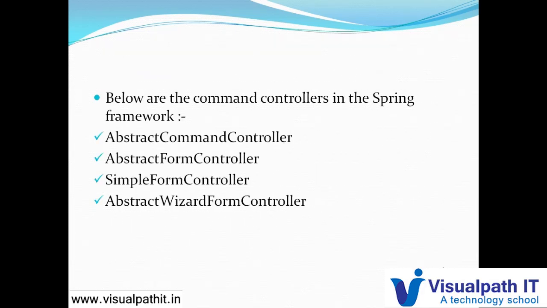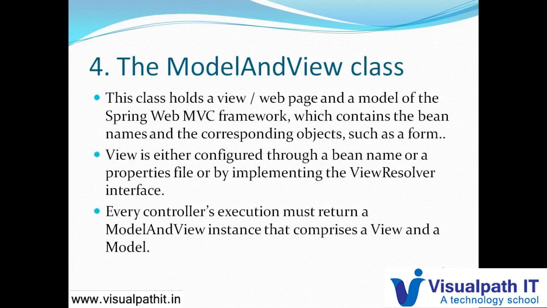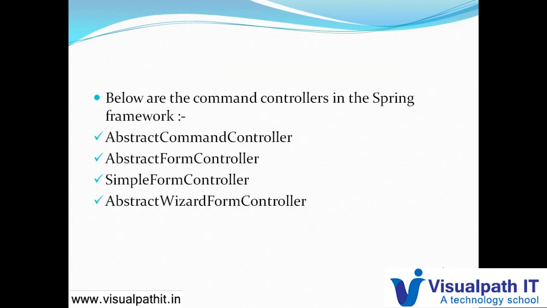So, below are the command controllers in the Spring framework. One is the abstract command controller, second is the abstract form controller, then the simple form controller, and finally the abstract wizard form controller. So let's see each one of these. Abstract command controller: this is used for creating your own command controller.